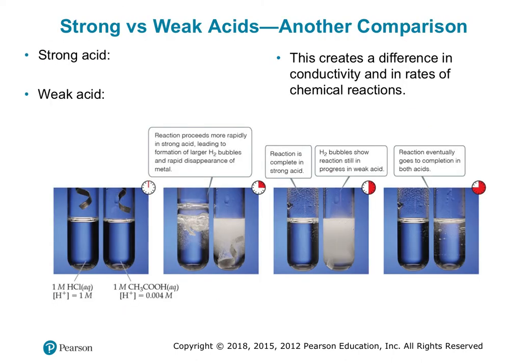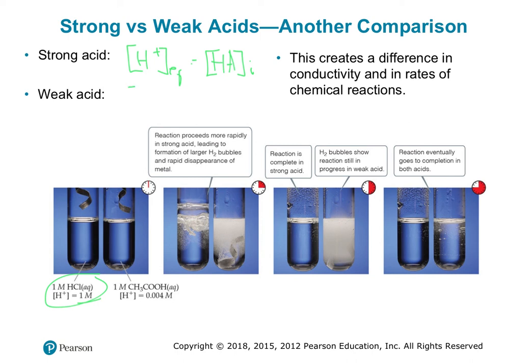One last way to think about strong versus weak acids is to compare what's going on as far as, one, how they conduct electricity, and also their rates of chemical reactions. So we know that in our strong acids, the hydrogen concentration at equilibrium is equal to our initial acid concentration. So we see here, hydrochloric acid, 1 molar of that does form 1 molar of hydrogen ions.